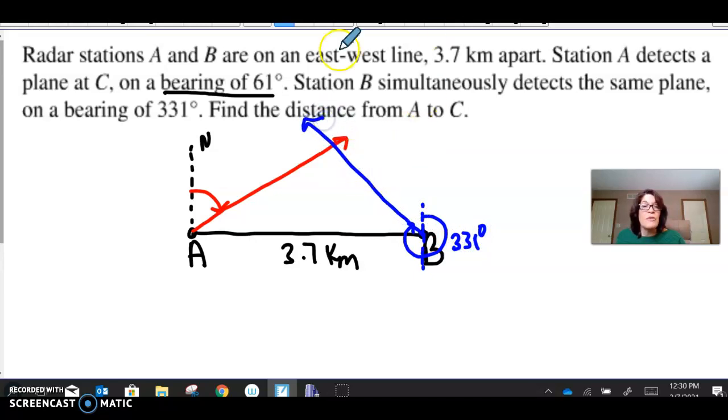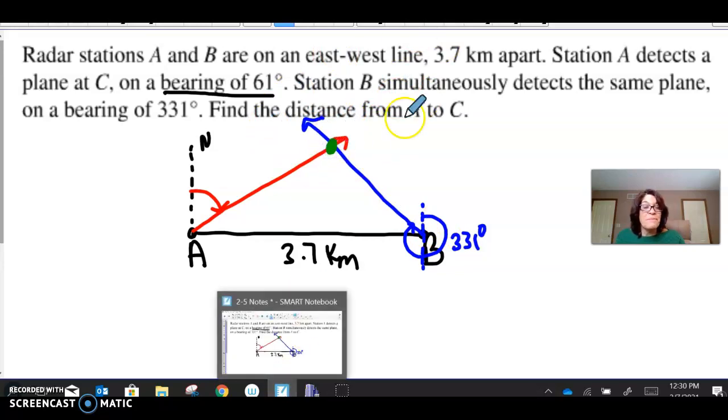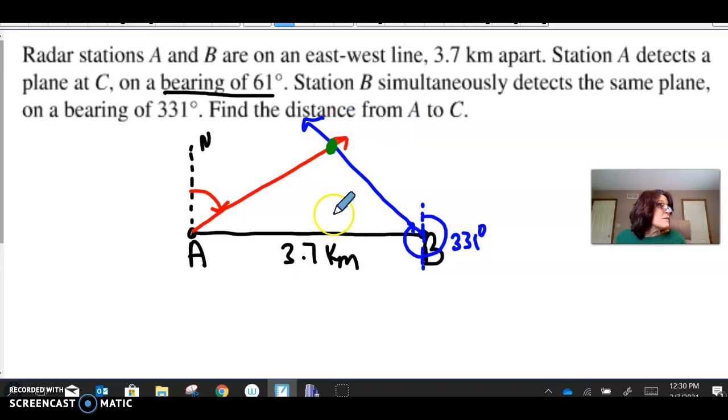And that's where they see them. Since they saw it simultaneously, we can pin down right here is where that plane is flying, right? Right there. So what does the question say? Find the distance from A to C. So this is the distance we want from A to C.